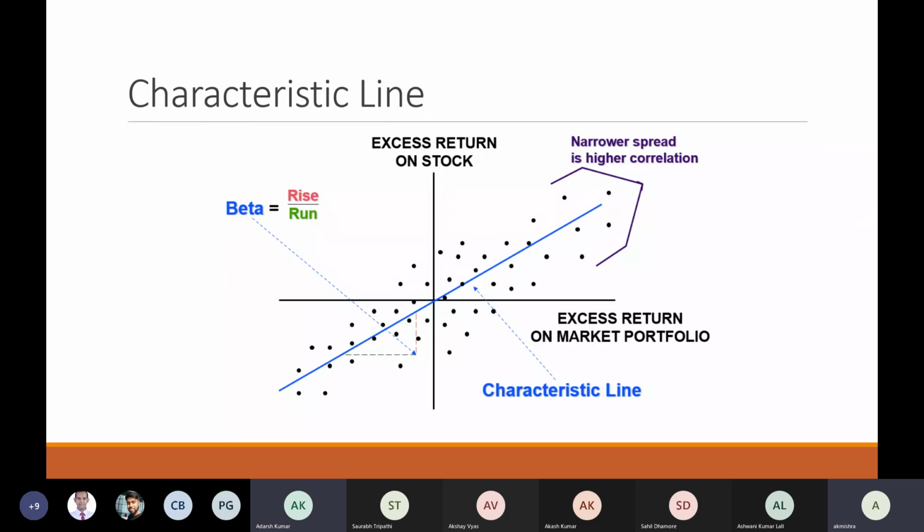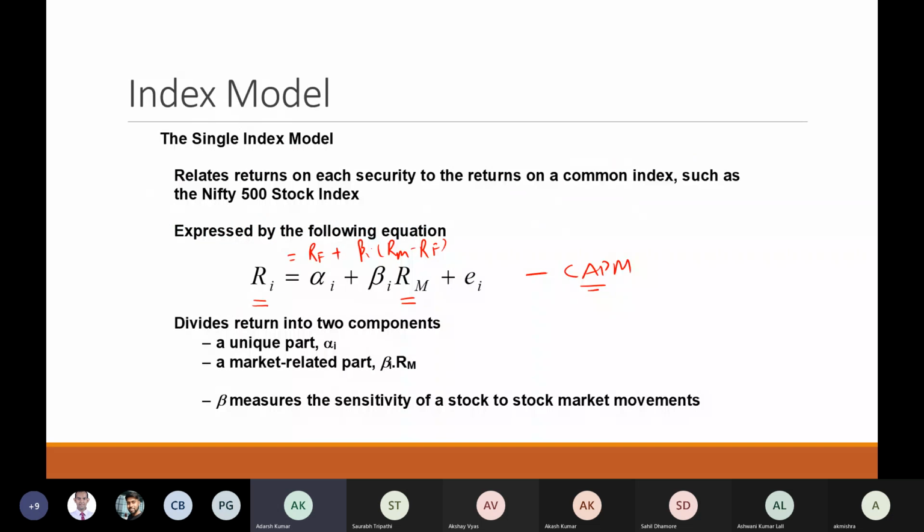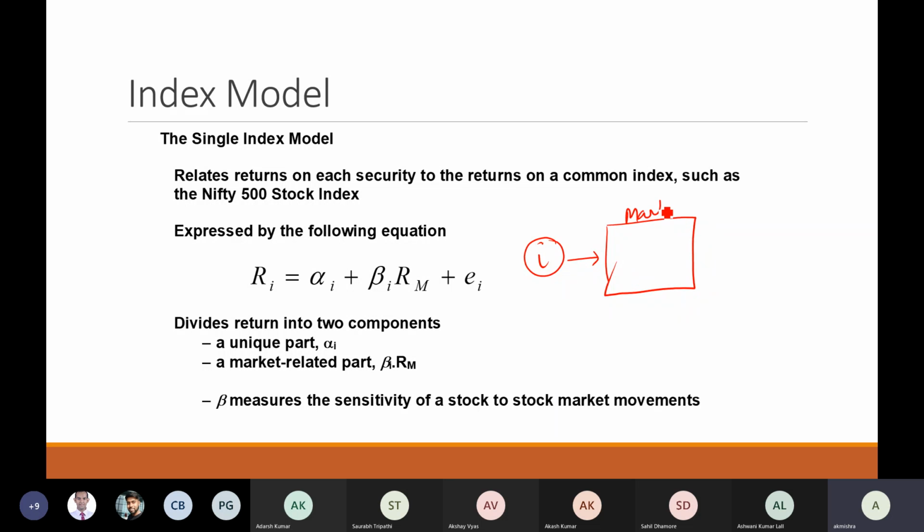There was a doubt: when you say it depends on the market return, what exactly constitutes the market return? Let's say you are talking about a stock I, and you have the entire basket. What does the index model assume? When we talk about theory, we will come back to a similar discussion. The theory says that this stock belongs to this portfolio, this entire basket of the market.